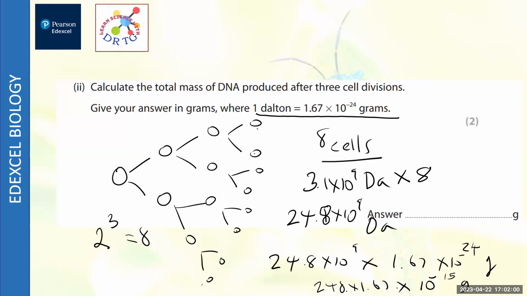So we have to further multiply this number. Calculator. 24.8 multiplied by 1.67.